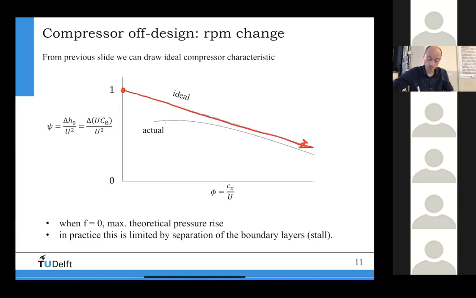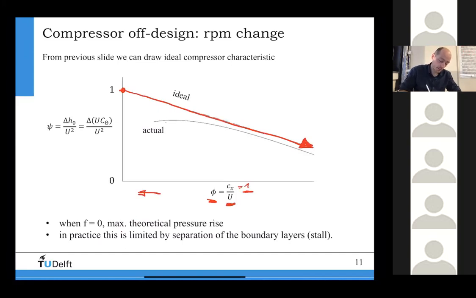And so what does this tell you now? For mass flow equals 0, theoretically, of course, the flow will not be able to go through a compressor. But let's say I have a certain mass flow, so Cx has a finite non-dimensional value of, say, 1, but my rotational speed U is very high, then my flow coefficient will be close to 0, okay?